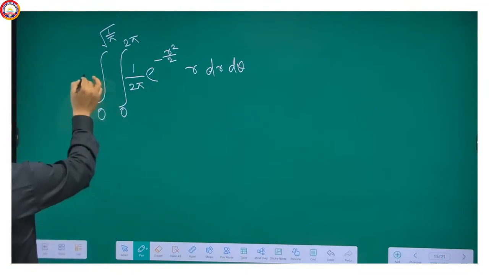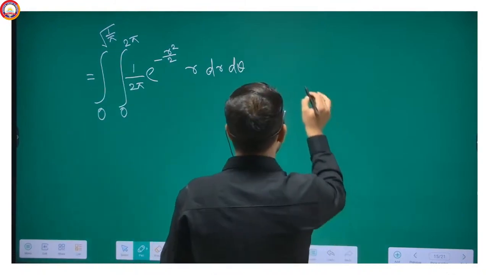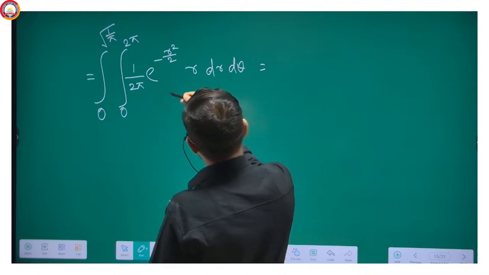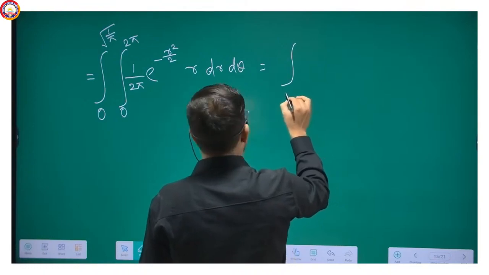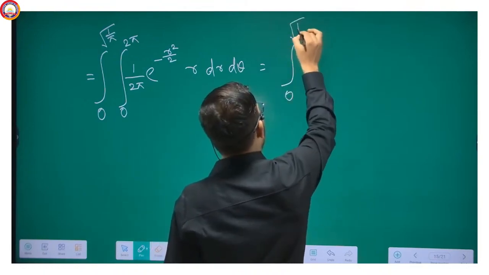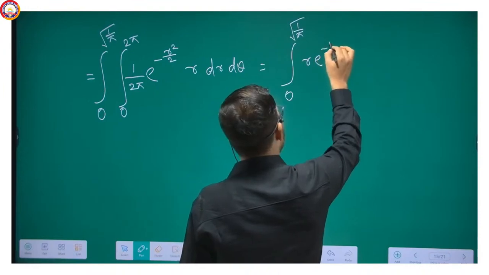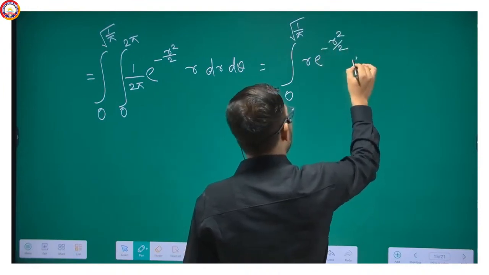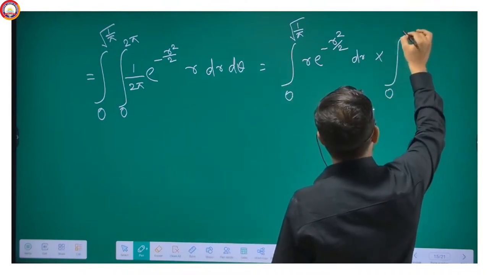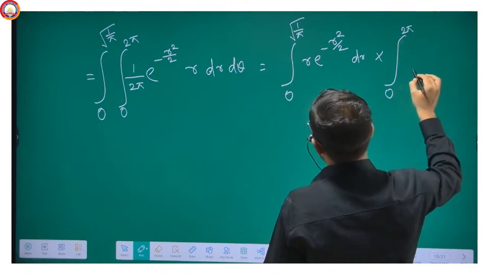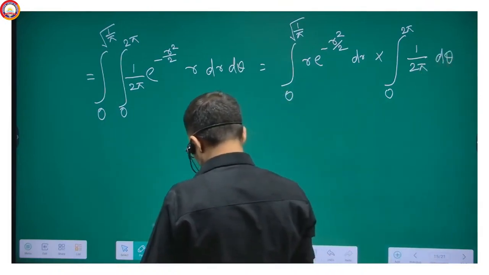Now our integration has become separable, because r and theta can be separated, so we will write it as the integral from 0 to root under 1 by pi of r e to the power minus r squared by 2 dr, and the integral from 0 to 2 pi of 1 by 2 pi d theta, isn't it?